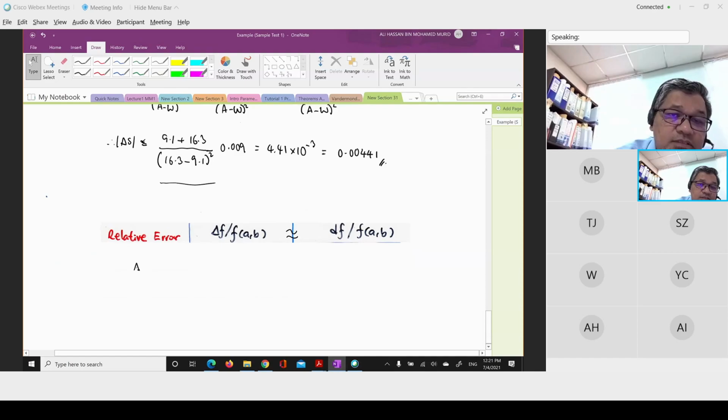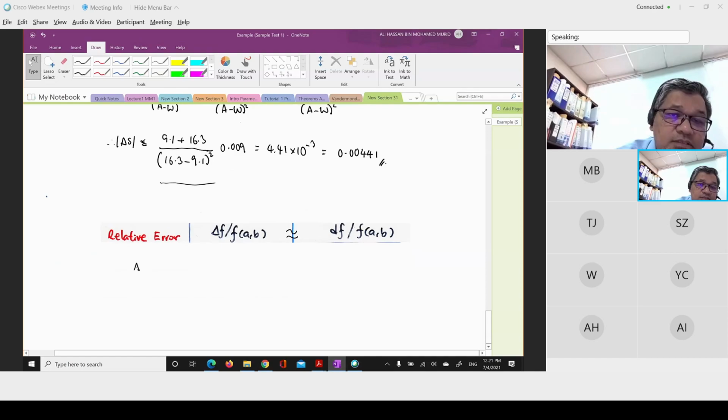Now can you calculate again 0.00125 divided by 2.264? 0.00055. Okay, so that is the relative error.